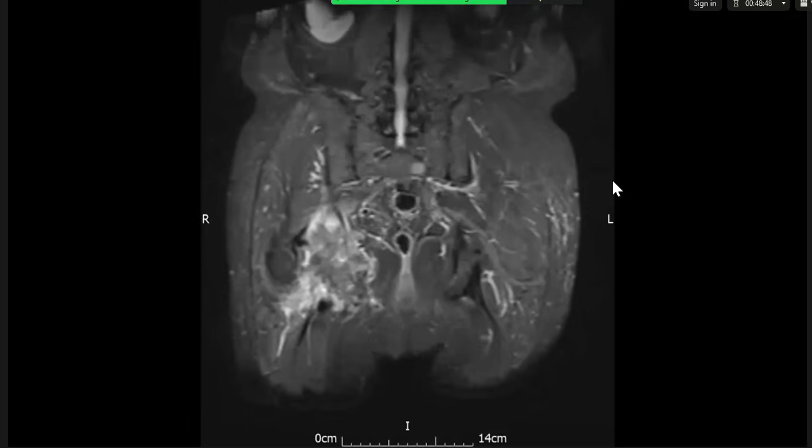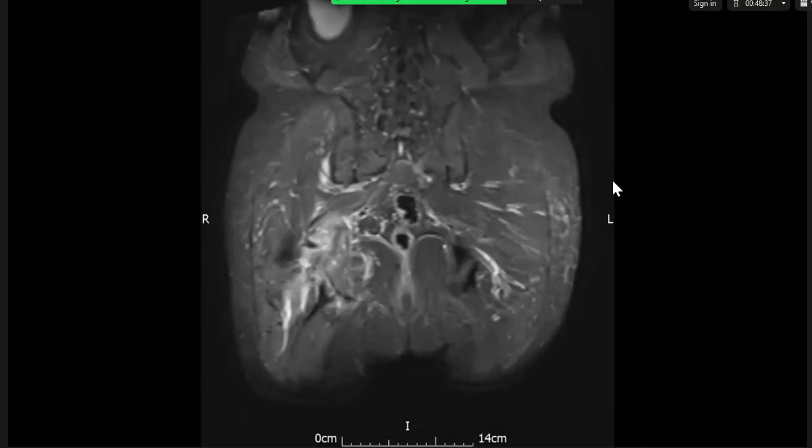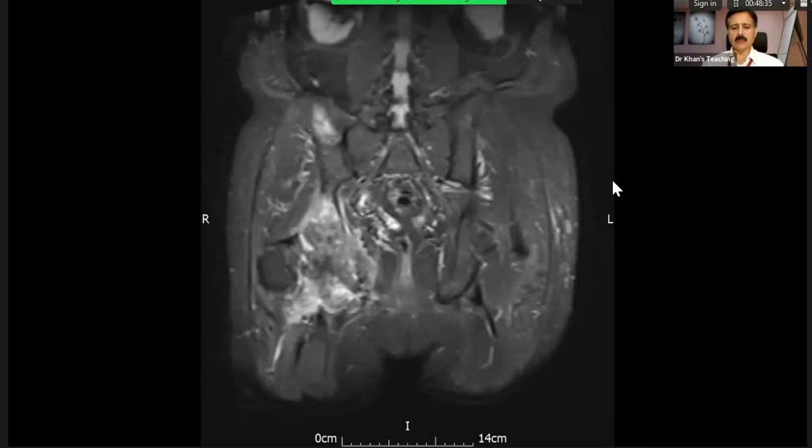So I've got a grossly destructive lesion in the right acetabulum that's extending into the soft tissues of the adductor compartment of the right medial thigh. Right, and next sequence, please.